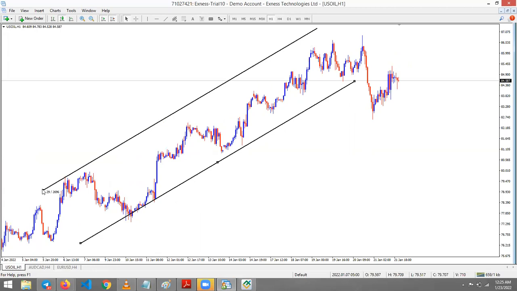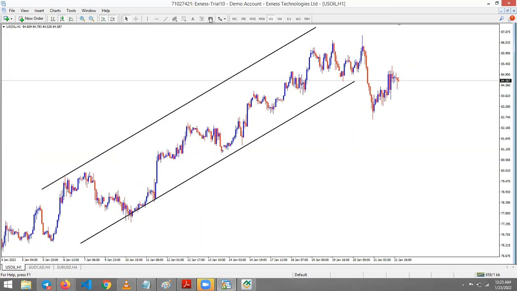If you notice, price was forming higher highs.